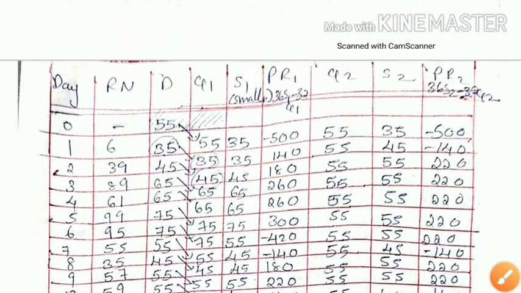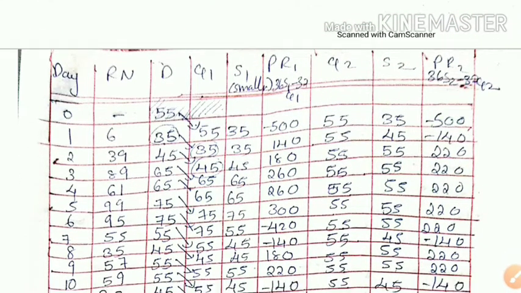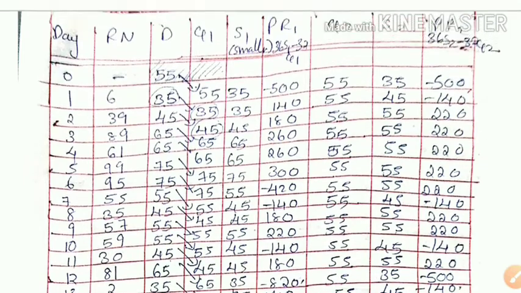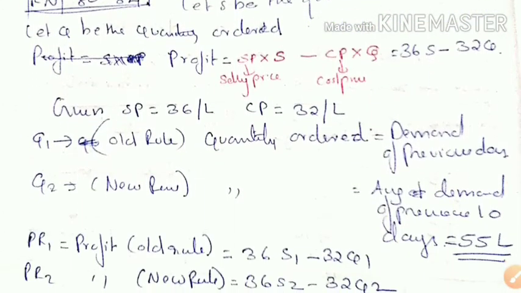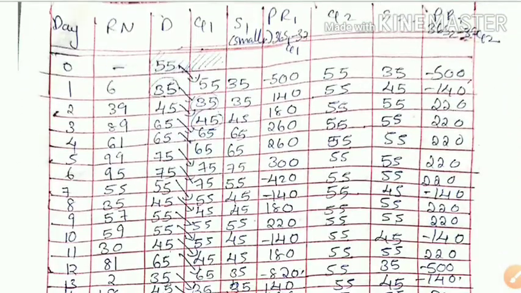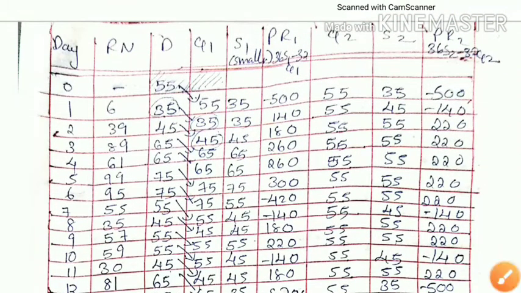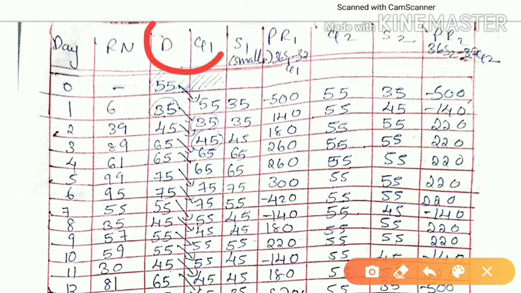Next we have to write the quantity sold, that is S1. Here quantity sold is the smaller of D1 and Q1. Quantity sold is the lesser of D and Q1.